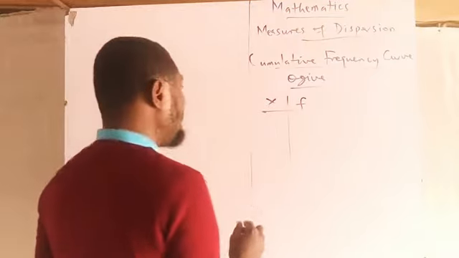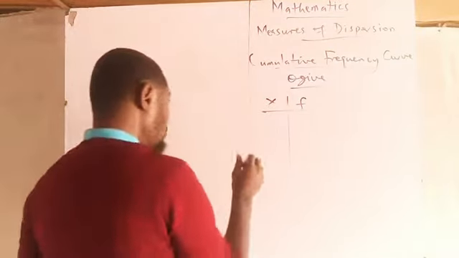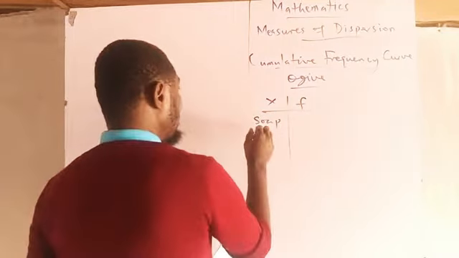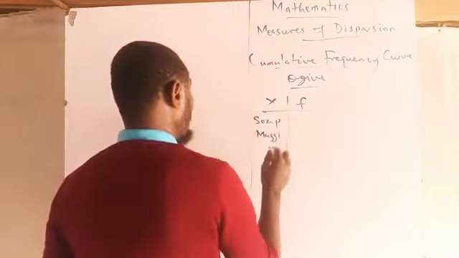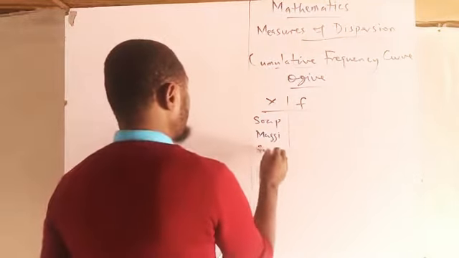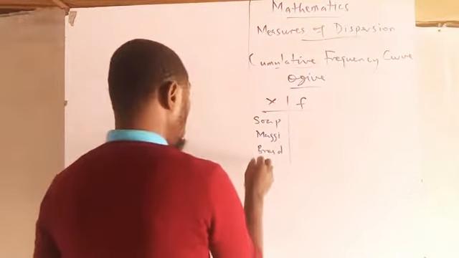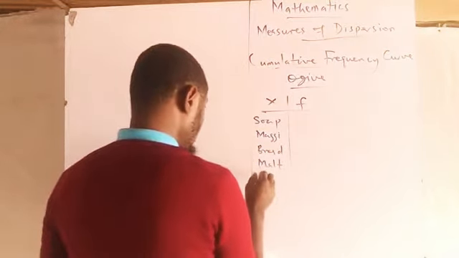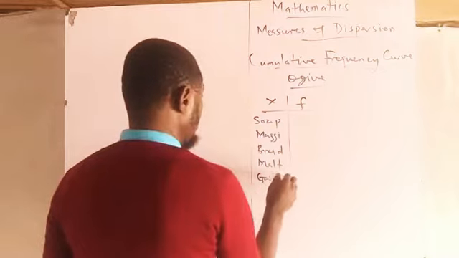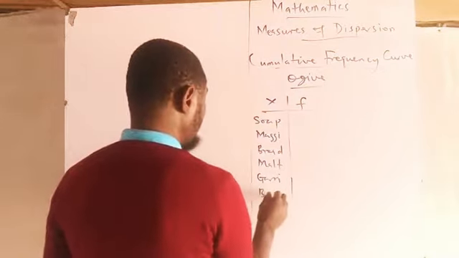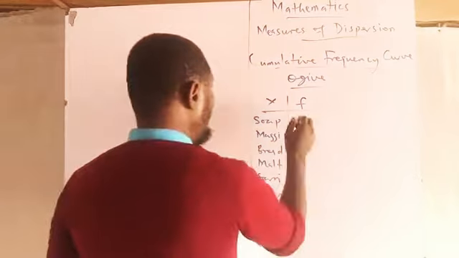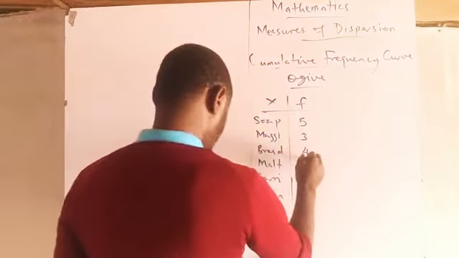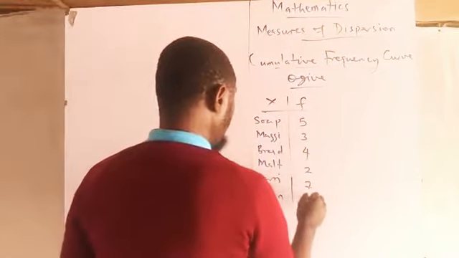The first that we have there was soap, and Maggi follows, bread, malt, gari, and beans. And the frequencies are 5, 3, 4, 2, 7, 5.